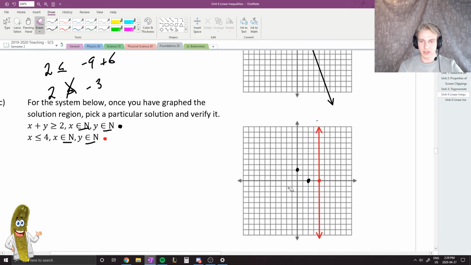Erase these two little arrows that I drew, and then I'm going to fill in this line here like this. It's pretty close to how it should be.